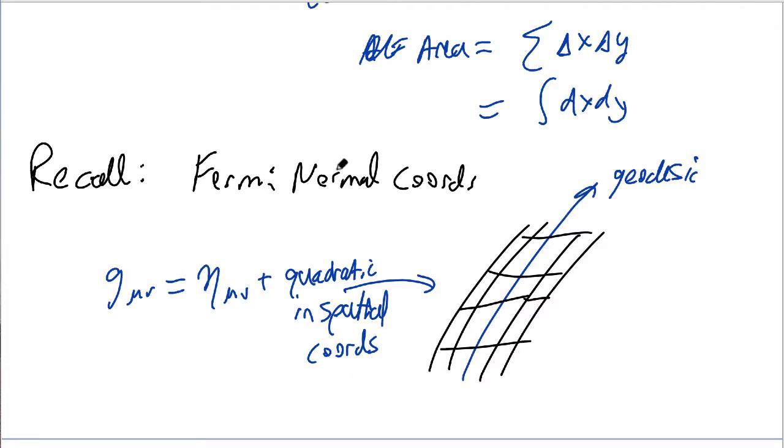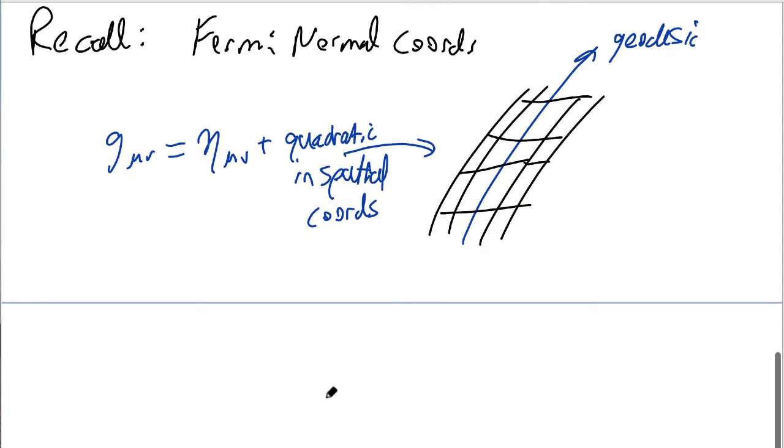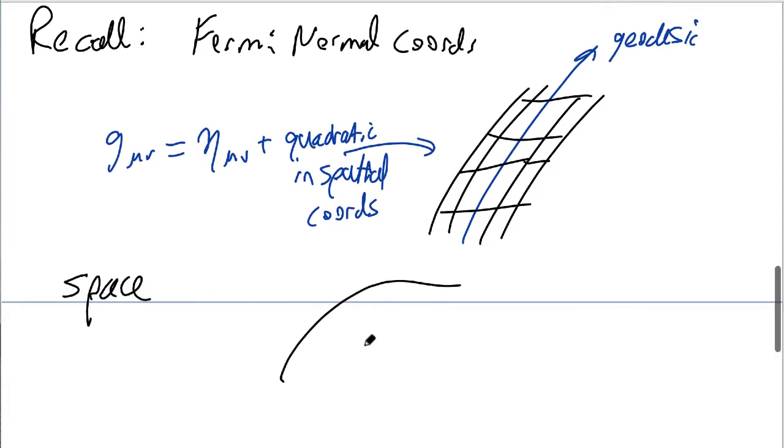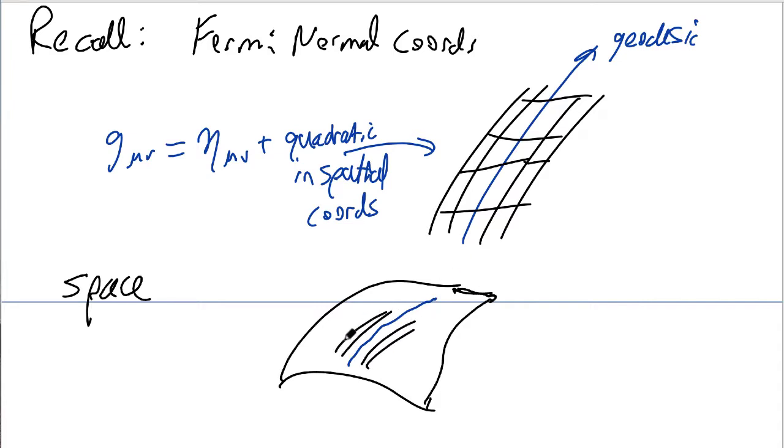Now we could carry out this same kind of analysis for space. So let's say that here's some curved space of, I don't know, two or three dimensions, it doesn't matter how many. We can always find a geodesic through this space, and in the neighborhood of the geodesic we can find coordinates.